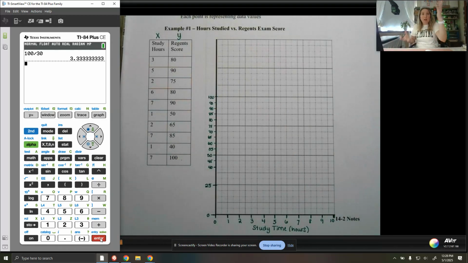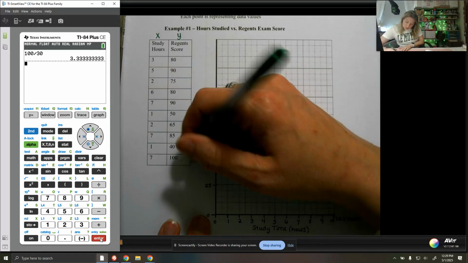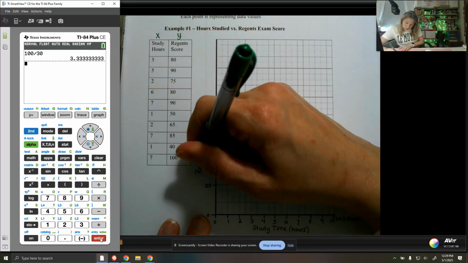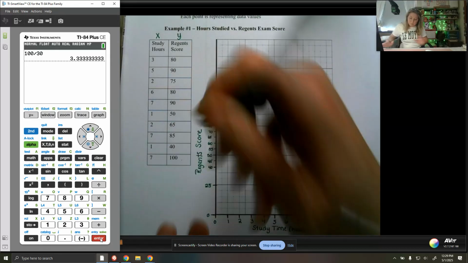So in the space where I knew I needed each of those values, I wrote down every single value. And of course, what I'm going to write on this side is that this is Regents score.